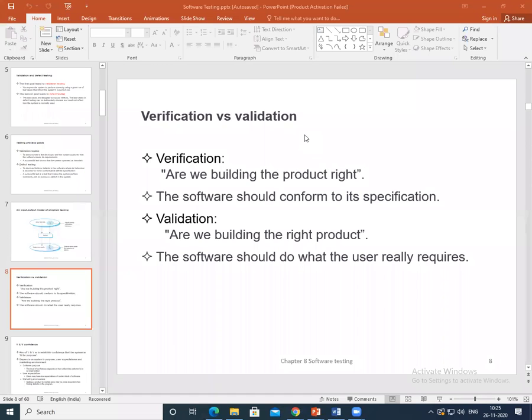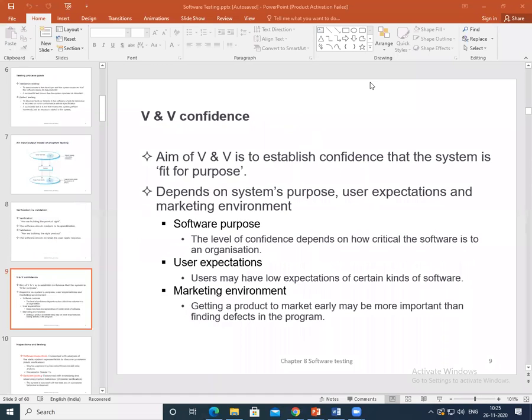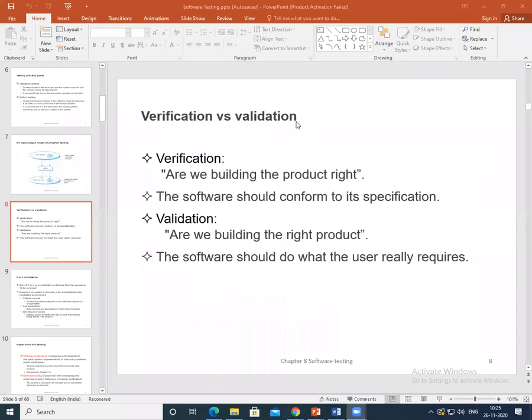The aim of verification is to check that the software meets its functional and non-functional requirements. Verification totally deals with functional and non-functional requirements, whereas validation is a more general process. The aim of validation is to make sure that the software meets the customer's expectation.